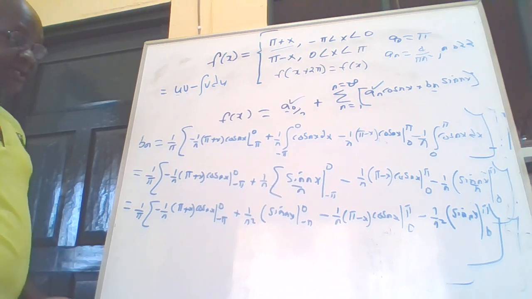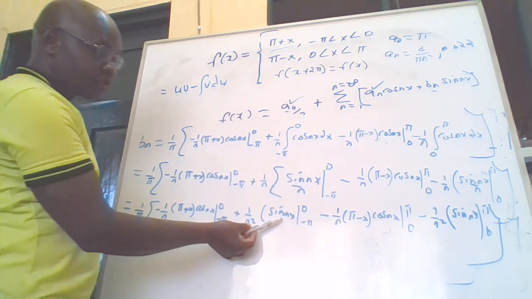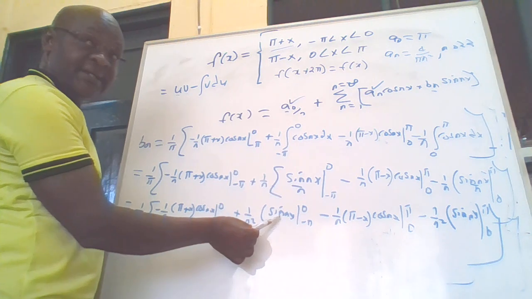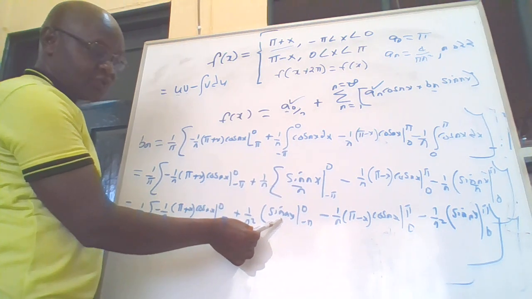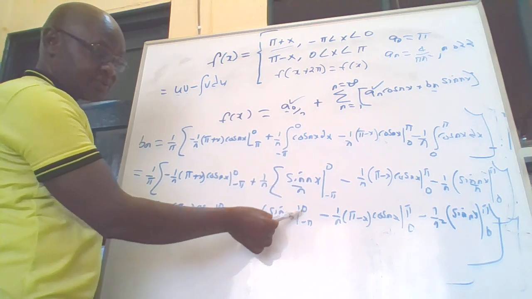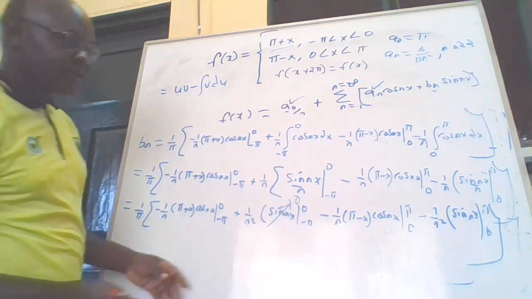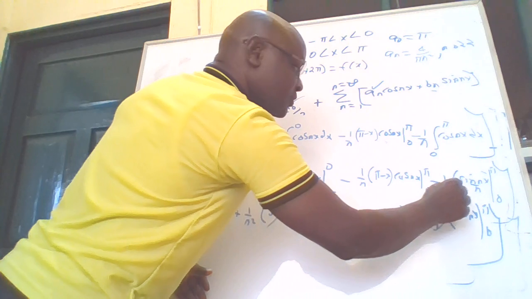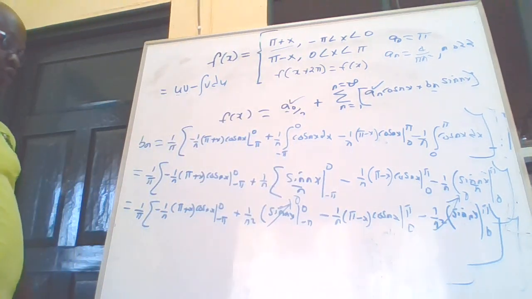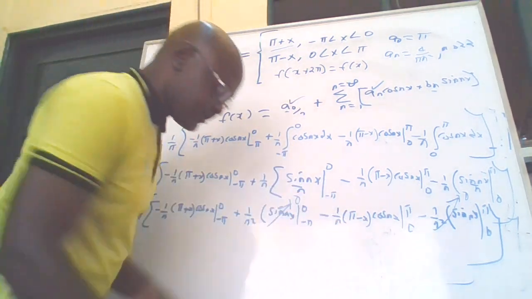So from here you realize that when we substitute where there is x with 0 and pi, all the sine functions will give us 0. So we remain with this function and that function.